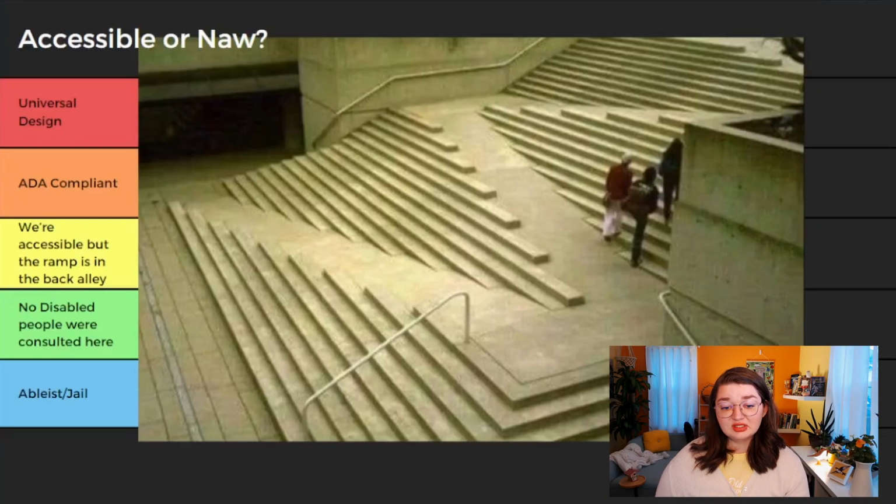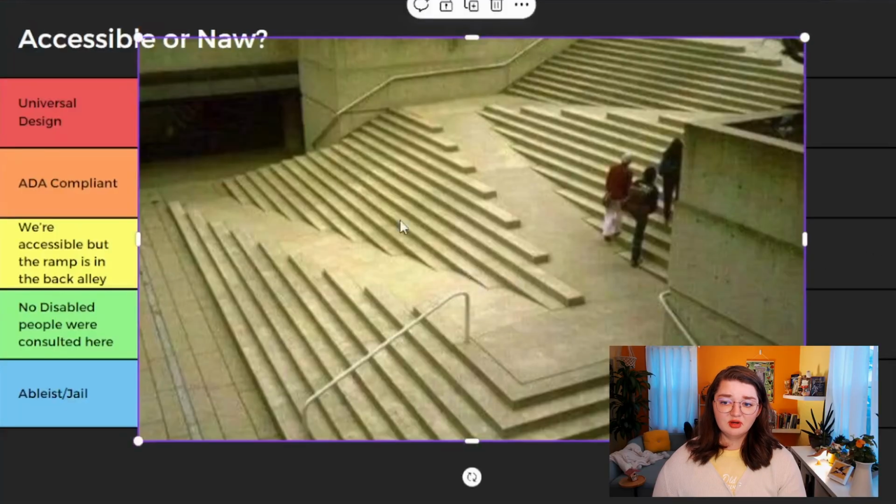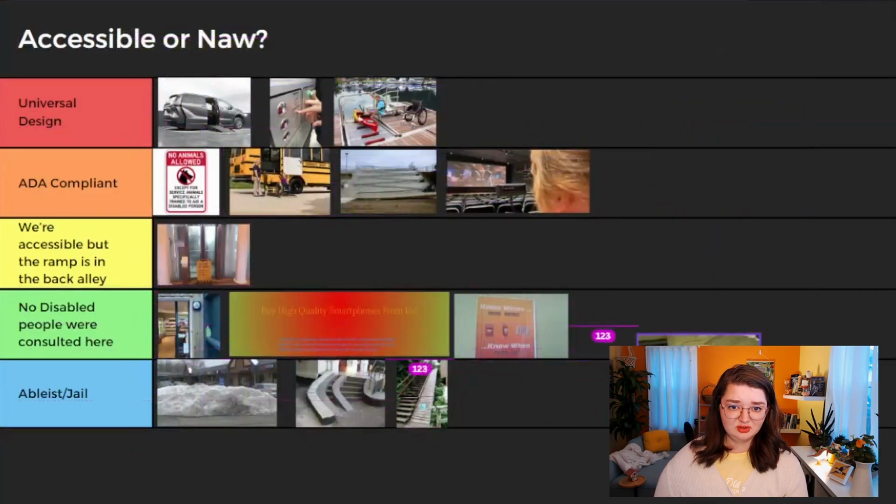But what I mean for this picture is no abled people were consulted here, because this looks so dangerous for someone that can walk upstairs. Like, this looks so dangerous. If you're one of the walkers, don't use this. Go find the elevator. It seems like one of those things where they wanted something cool and pretty and architectural, but it's just kind of like we're all gonna die.